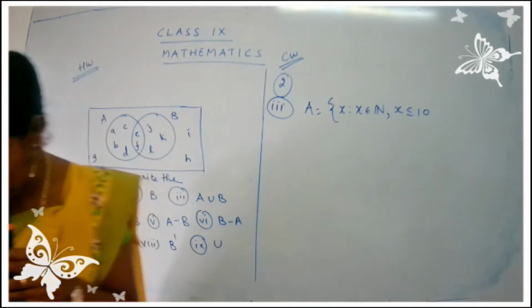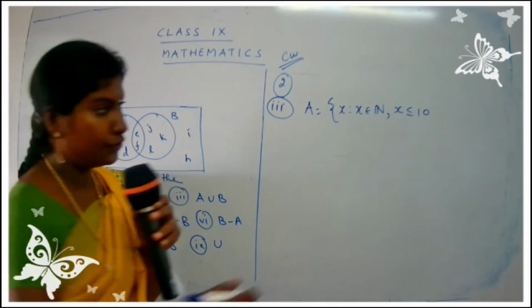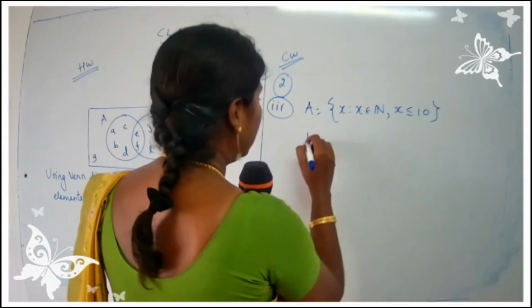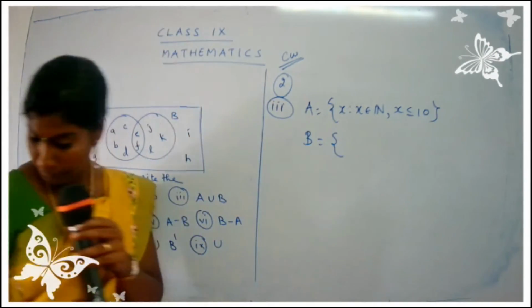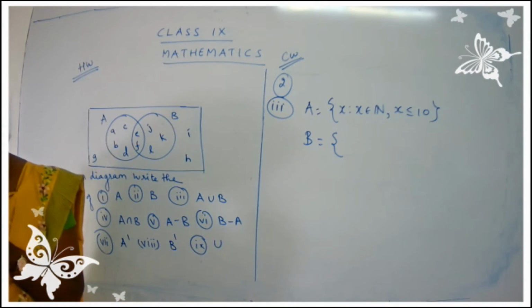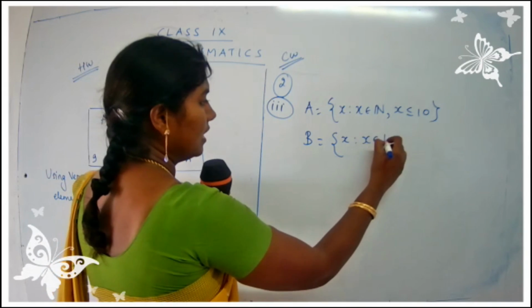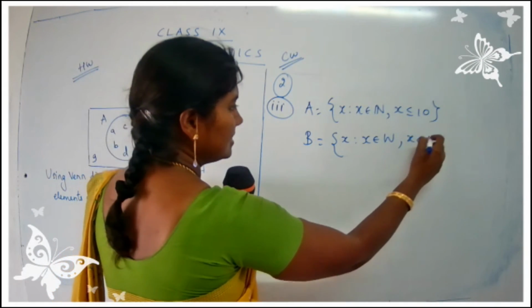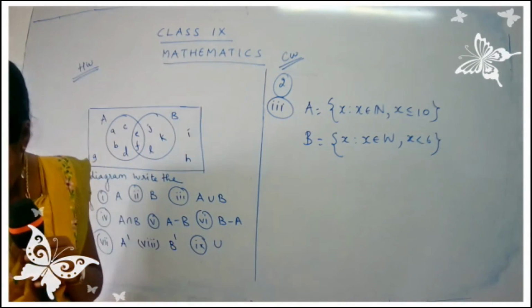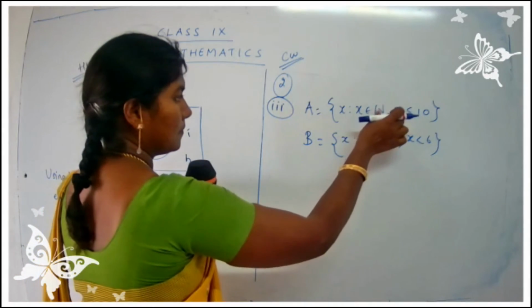So this is the first set given to you. And you have one more set. B is equal to x such that x belonging to W, x less than 6. Okay.